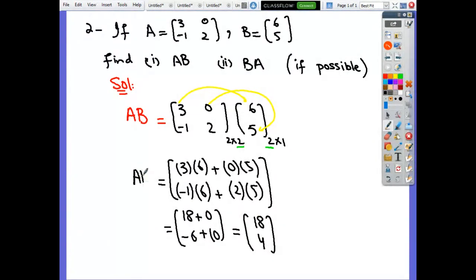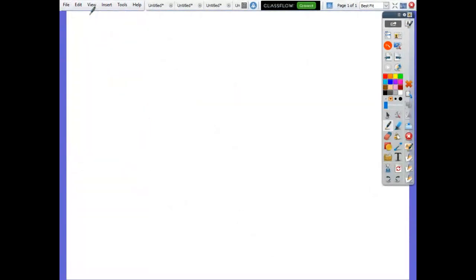That is, the product of matrices A and B is 18 and 4. This is the first answer, the first part. Now, we see the second part, which is B A.